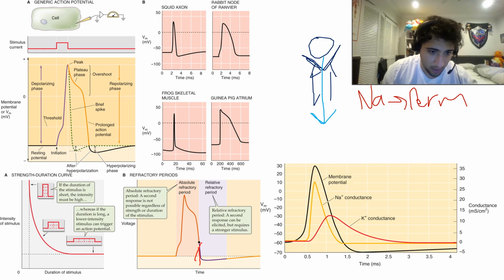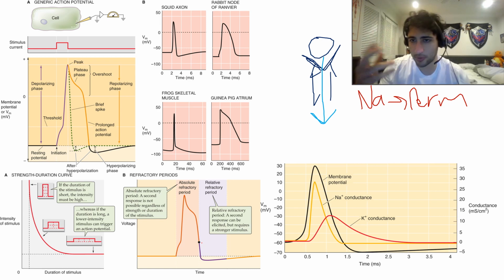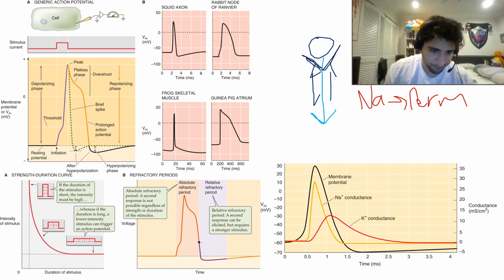But when you're still all the way up here, you haven't repolarized enough to be able to fire another action potential. So that's sort of what the absolute and relative refractory period means. The absolute just means you're not even close enough to the relative, you haven't even gone down past the original threshold. How are you going to fire, you know?